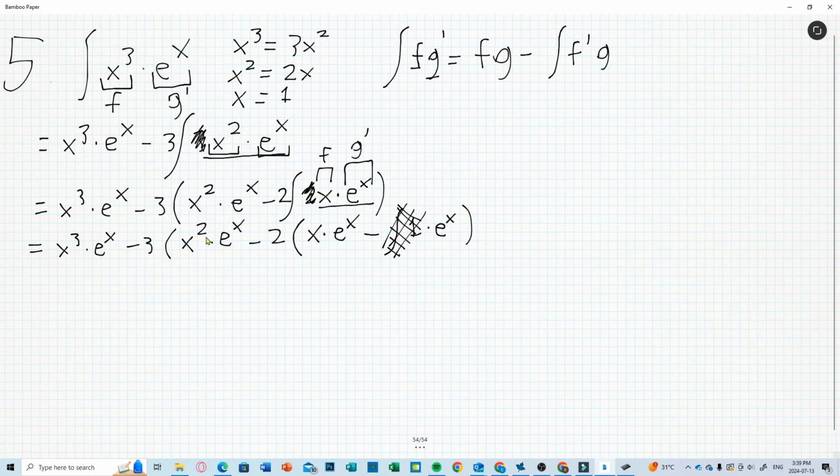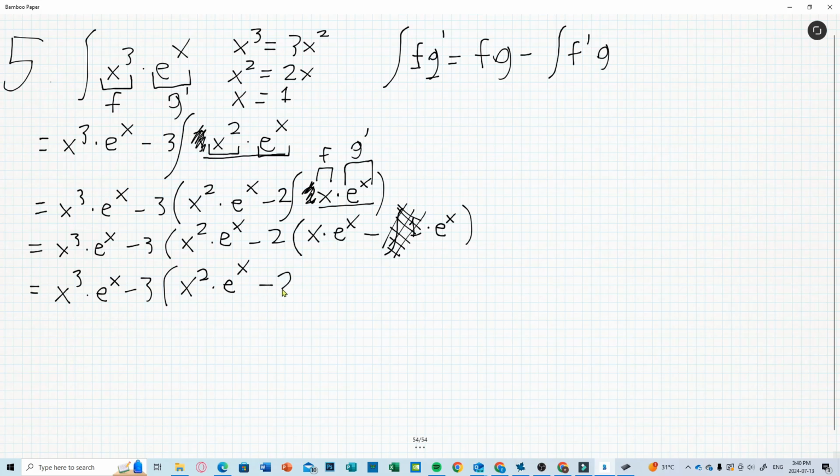Now it gets a little tricky because you have to implement the 2 and the 3 to make it simplified. So we're going to start off by putting in the negative 2 into everything here. We're going to make it x cubed multiplied by e to the x minus 3. Keep this all the same, where it's x squared multiplied by e to the x. And we're going to put the negative 2 in.